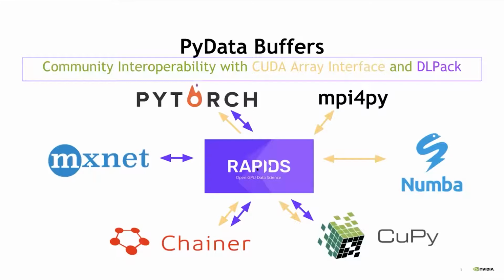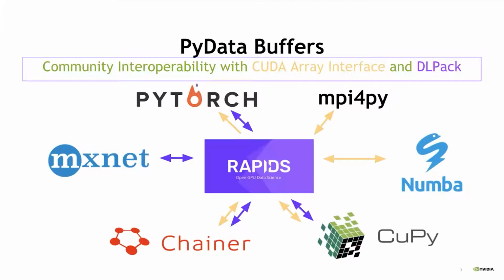This is what the ecosystem is usually expected to interact with. If we have RAPIDS here in the center, RAPIDS can interact with all these libraries: PyTorch, MPI4Py, Numba, CuPy, Chainer, MXNet, and others.